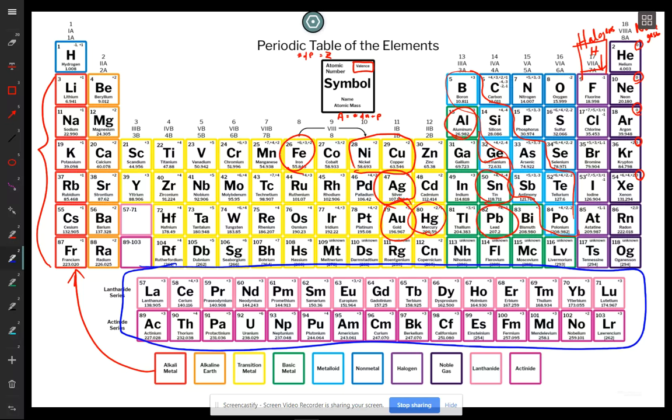As you go down the table, we call them periods. As you get to lower and lower periods, you have more elements in the period. Remember I said you have just 2 electrons that go into the lowest energy shell? And so that's why you have 2 atoms in the first period. One for electron 1, one for electron 2.